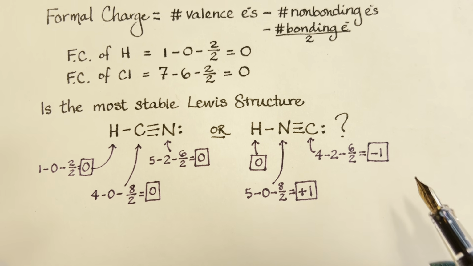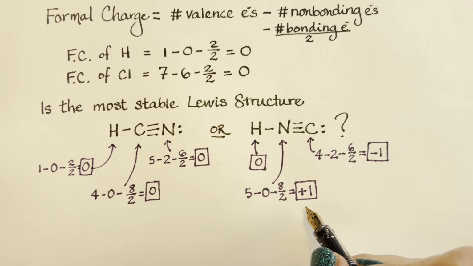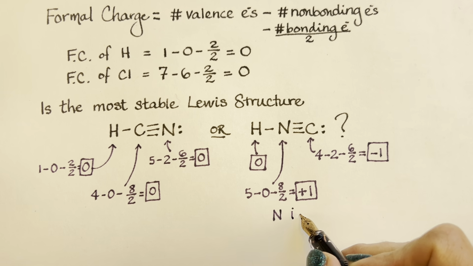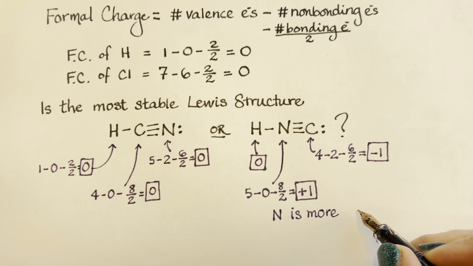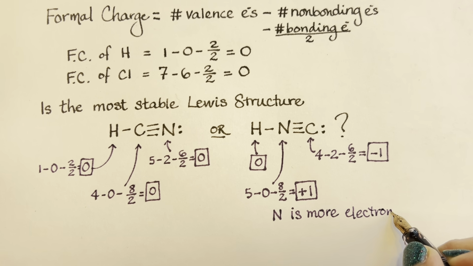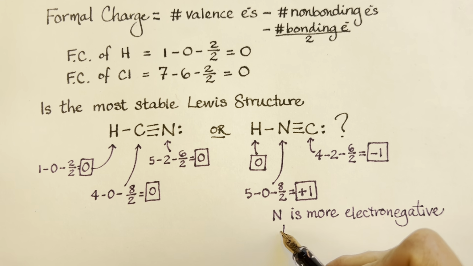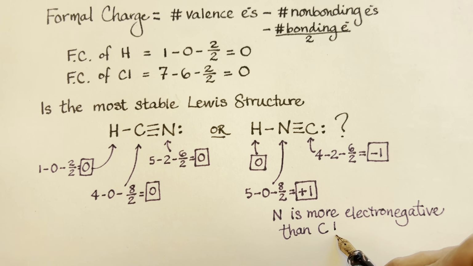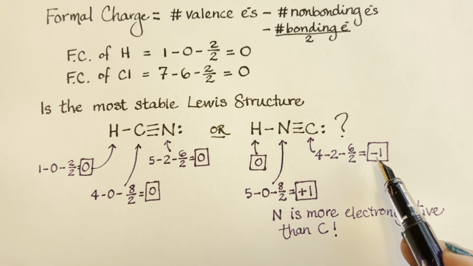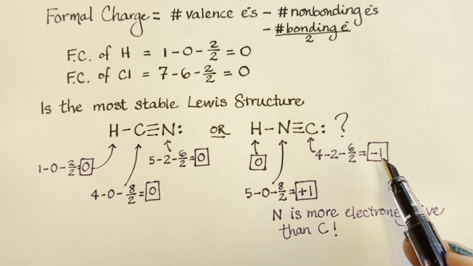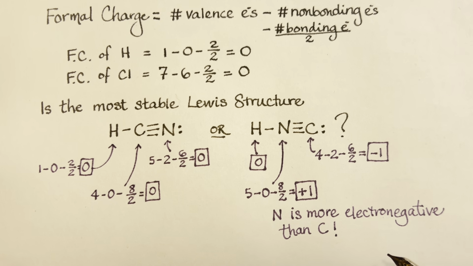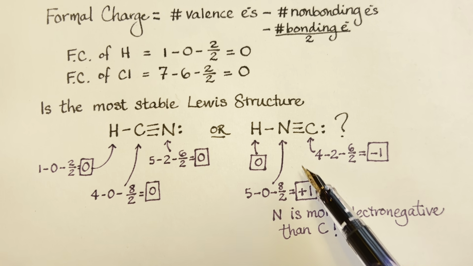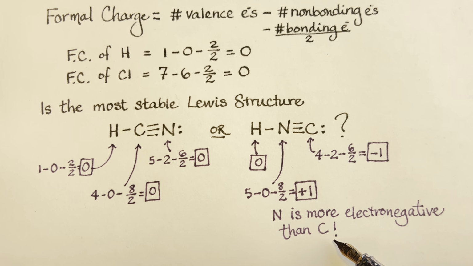So this is the issue. Nitrogen is more electronegative than carbon. The molecule is more stable if the negative charge, when you do have a negative formal charge, is on the more electronegative atom. In this case, nitrogen is more electronegative than carbon, and it has the positive formal charge.